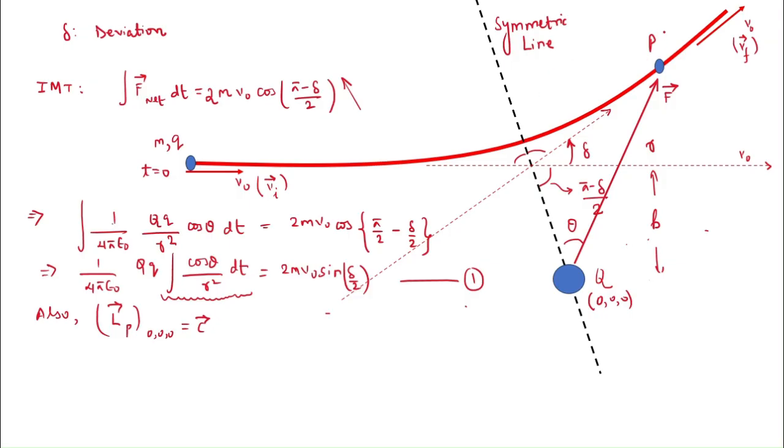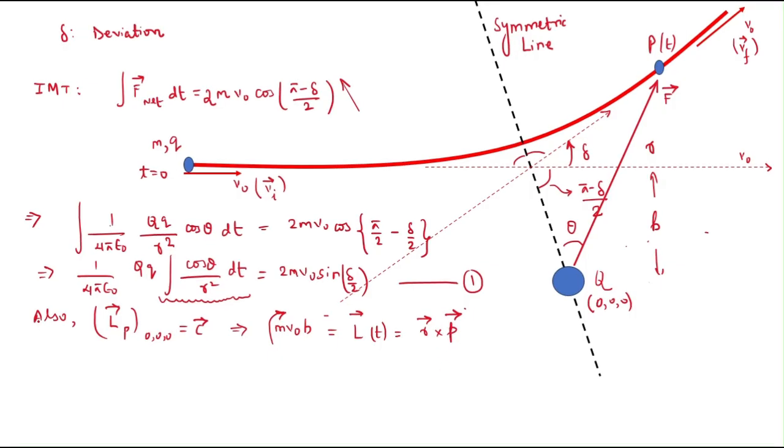Now at general time t, when the particle is here, let us also write that angular momentum. So therefore I can say that mv naught b clockwise must be the angular momentum at any time t also, which will be the cross product of the r vector and the p vector. So that will be r vector cross p vector. This implies mv naught b clockwise is equal to rp sine alpha, where alpha is the angle between r and p, clockwise.